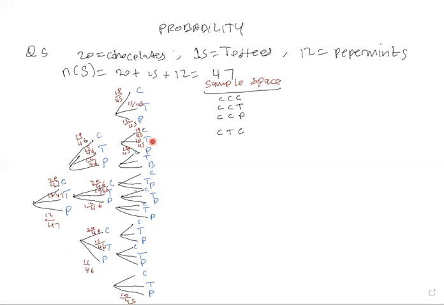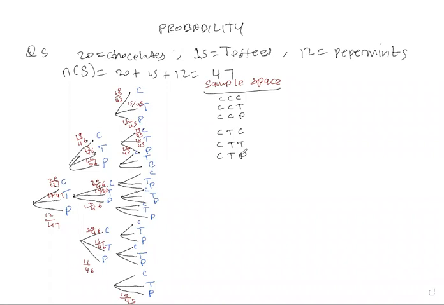At the next, we have CTCTT. Okay. After this, then we have CTPN. So we write CTP. Okay. We are done with this branch.